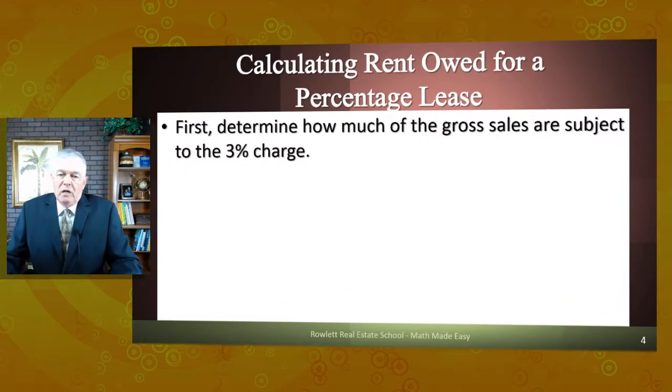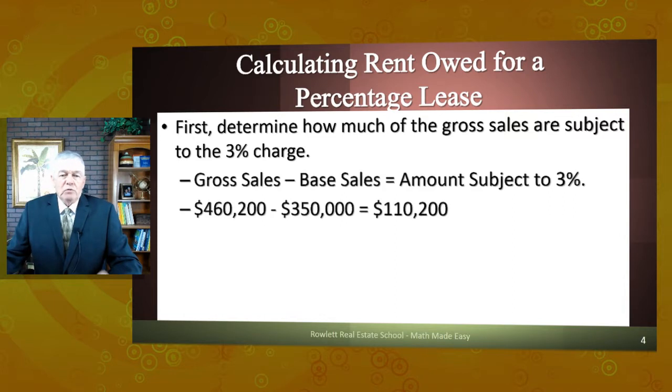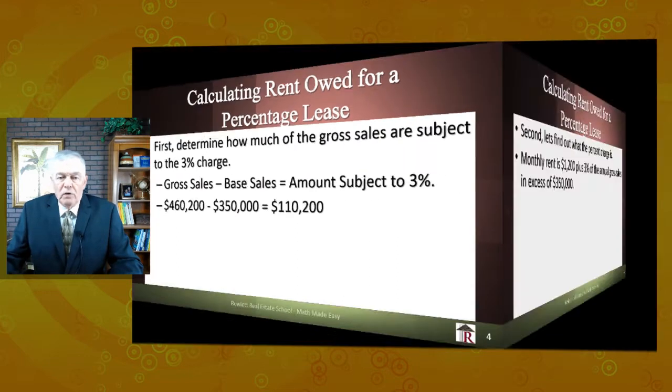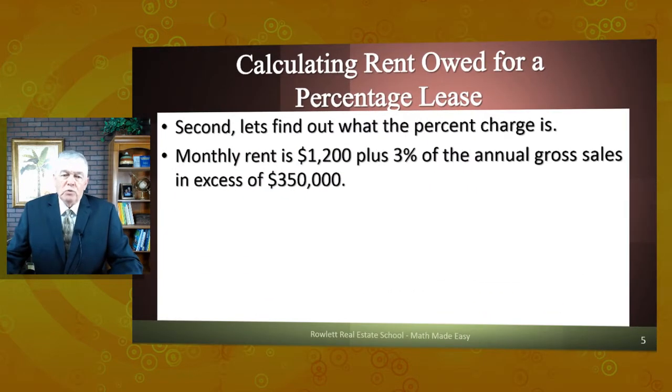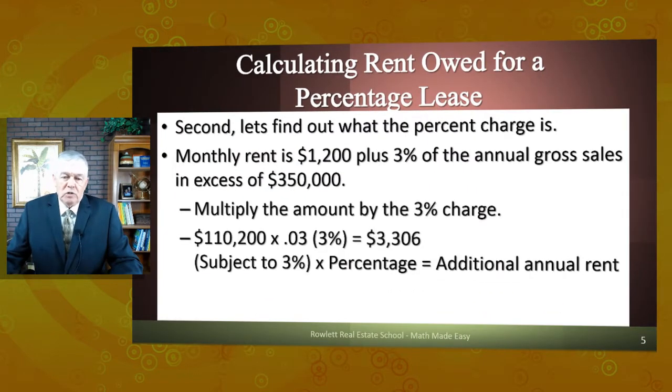First, determine how much of the gross sales were subject to the 3% charge. So take 460,200 minus 350,000, and you get $110,200. Well, the $110,200 is the amount that's subject to 3%.